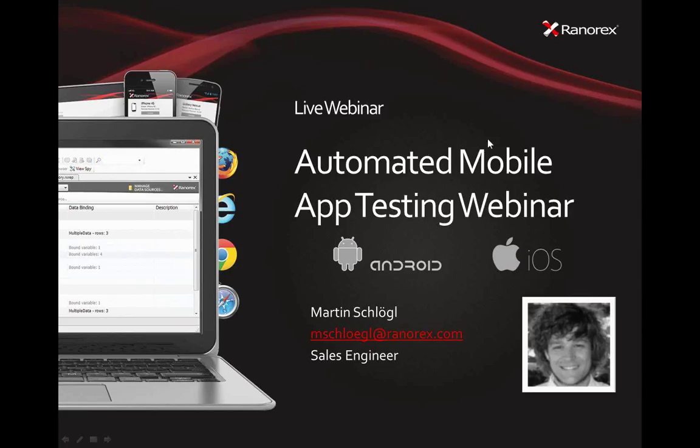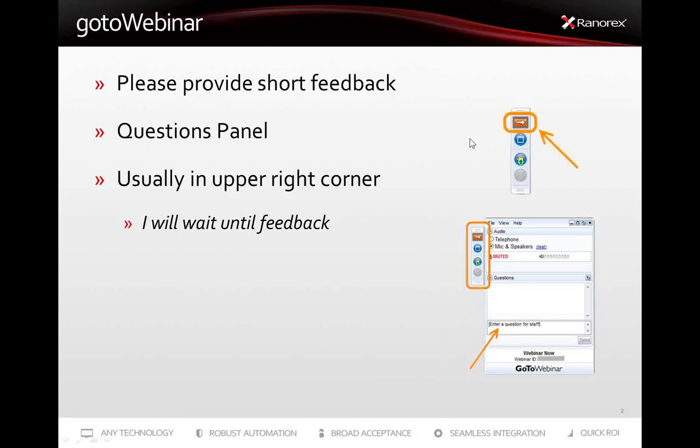Before we begin the presentation, may I ask the audience if you're able to hear my voice and also if you're able to see the slideshow on your screens. Please provide a short feedback through the questions panel of GoToWebinar about the audio signal, and also if you're able to see the slideshow.